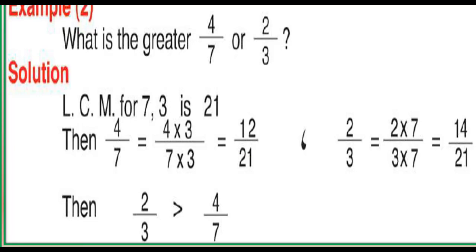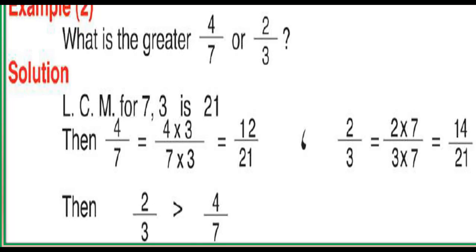2 over 3. How can we convert 3 to 21? By multiplying 3 by 7. Okay, 3 by 7 equals 21. But we must multiply the numerator by the same number. 2 times 7 equals 14. Here we have 12 over 21 and 2 over 3 equals 14 over 21.